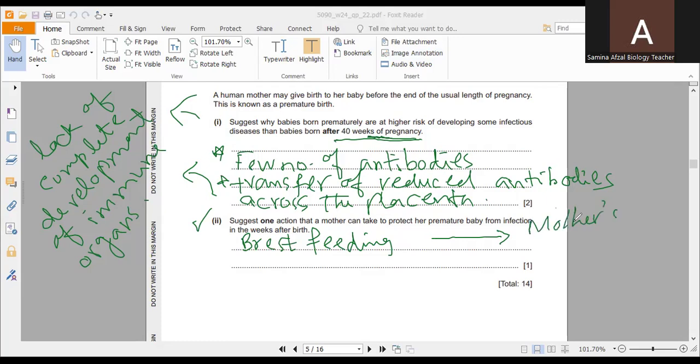Mother's milk contains antibodies which can protect the newly born babies from infections.